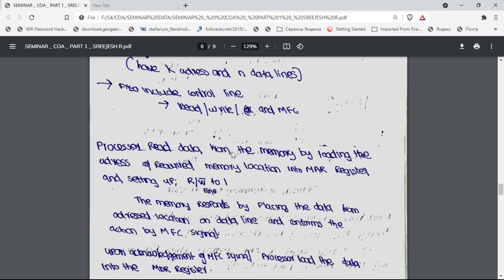The processor reads data from the memory by loading the required address into the memory address register, the MAR, and setting the read/write line to 1.